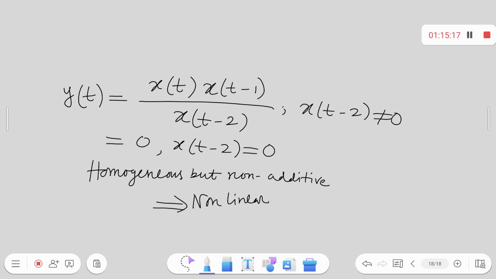But out of the different combinations, I would like to pick only one combination, that's linearity on one hand and time invariance on the other.